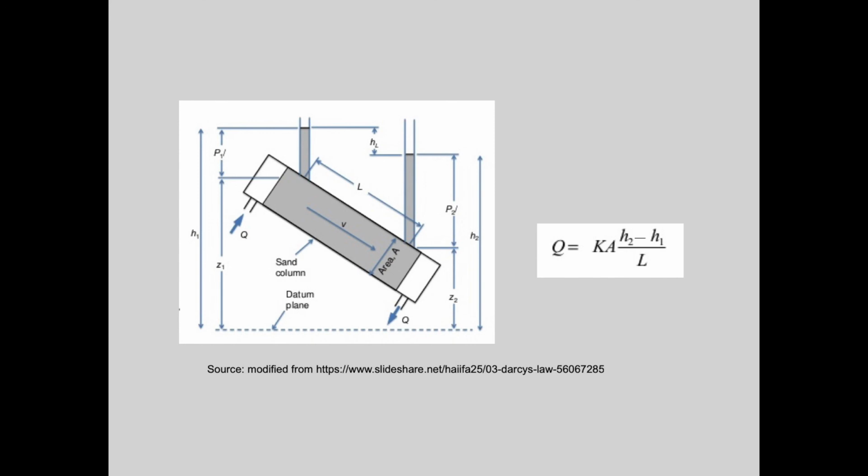It also tells us that the amount of water that is flowing through a karst environment, through a subterranean environment, is proportional to, in this case, the overall area, the overall size of the landscape below ground that it's moving through, and again, the difference in elevation between any two given points.